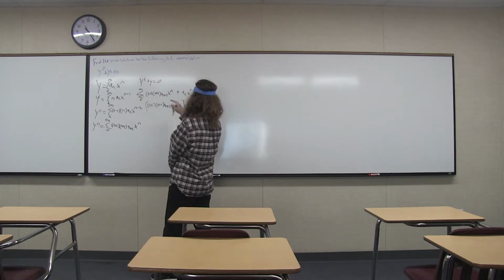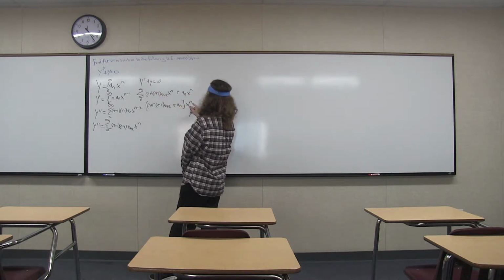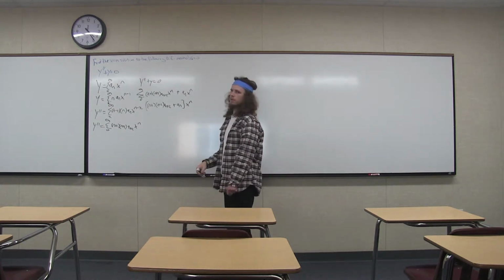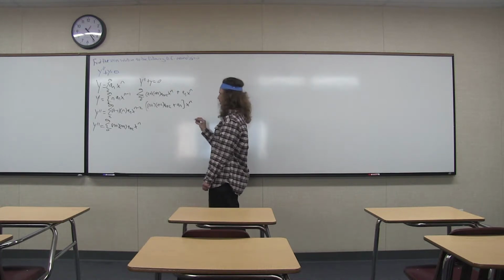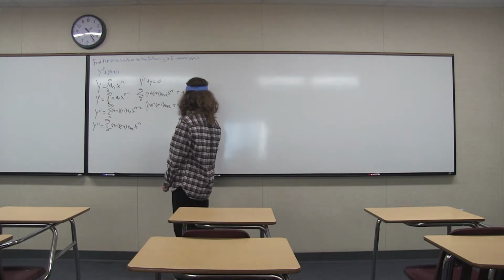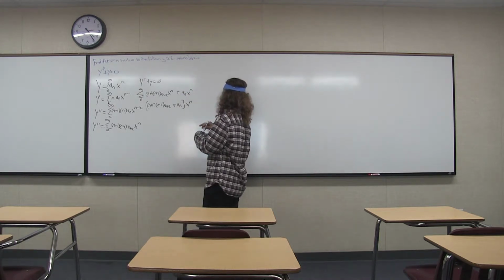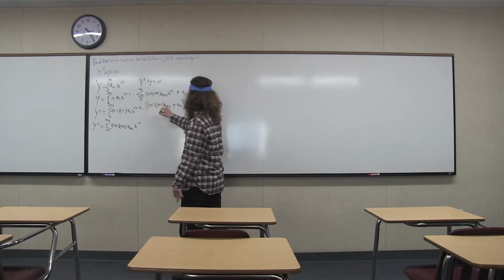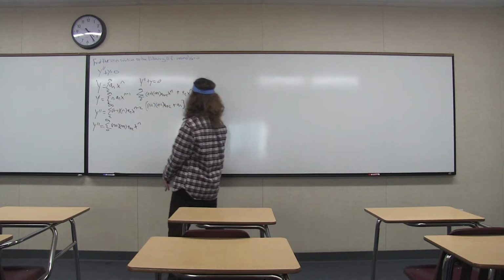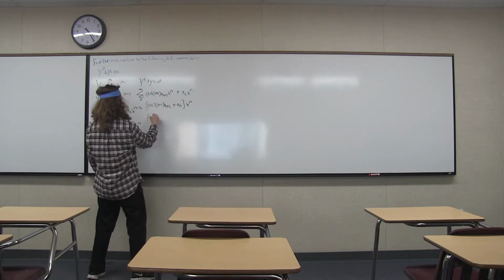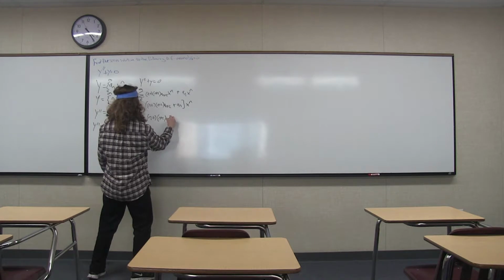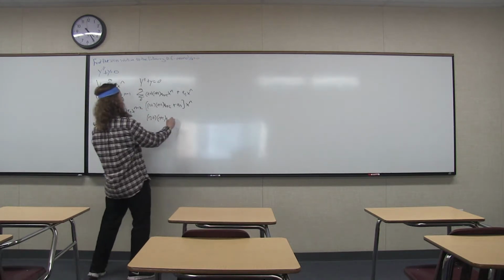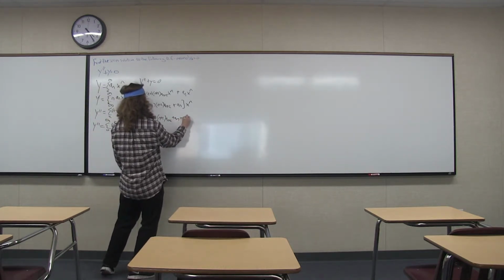And for this to equal 0, x to the n is always going to be 1 if n is 0, so this must be 0 for that to equal 0. So we could write this as n plus 1 times n plus 2, a_(n+2), plus a_n equals 0.